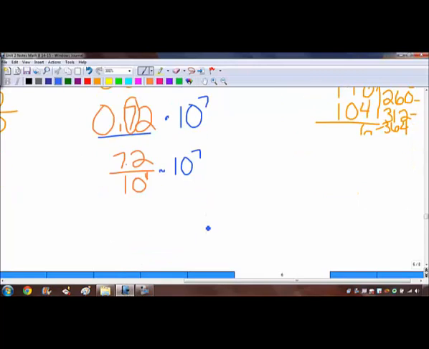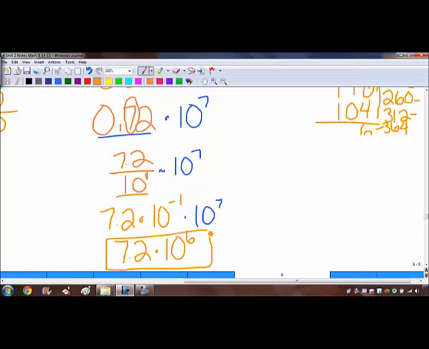But remember, this just means 7.2 times 10 to the negative 1st power to get it out of the denominator, times 10 to the 7th power. So I end up getting 7.2 times 10 to the 6th power, because when you multiply, you add your exponents.